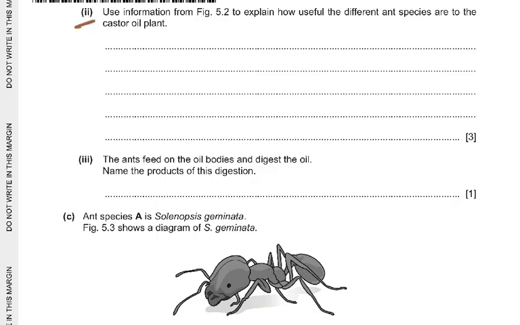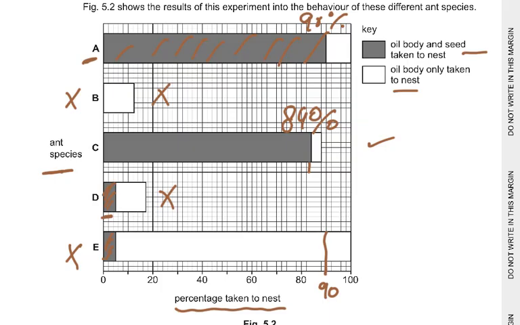Next part: use information from Figure 5.2 to explain how useful the different ant species are to the castor oil plant. Now I've just talked about that. If you look at it again, ant species A and C are the most useful.